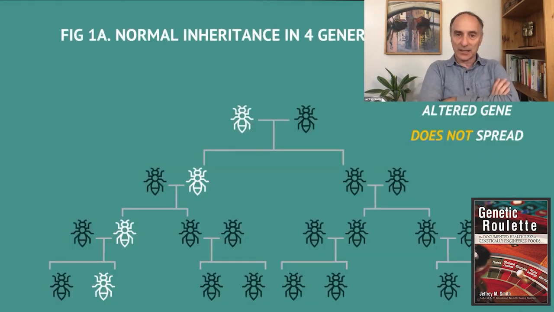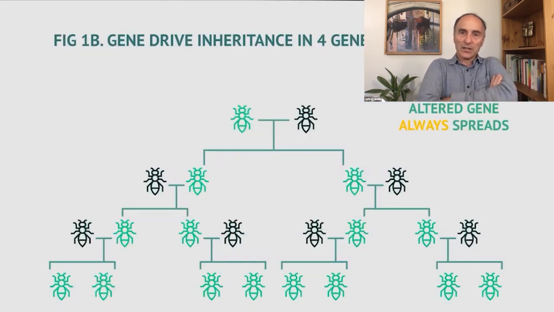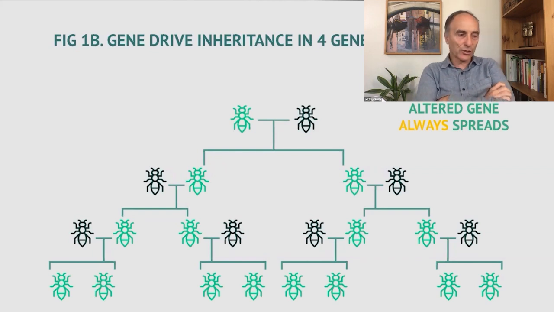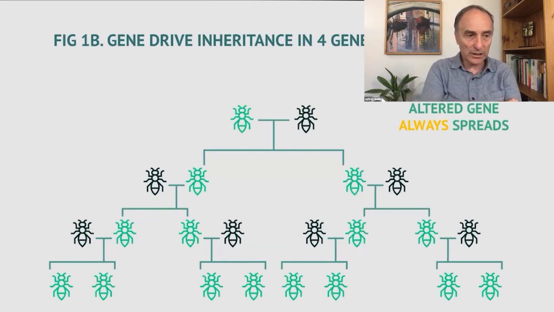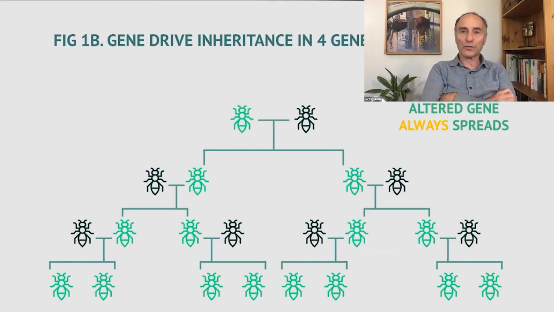In gene editing, okay, this is 4 generations of flies. In gene editing, the altered gene always spreads. So let's say your gene is on one chromosome and normally on the other chromosome, it's not there. Well, you've inserted genetic material to copy the gene that you want and put it on both chromosomes. So that means all of your offspring are going to get that trait.